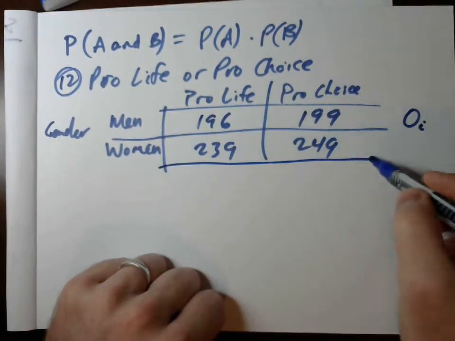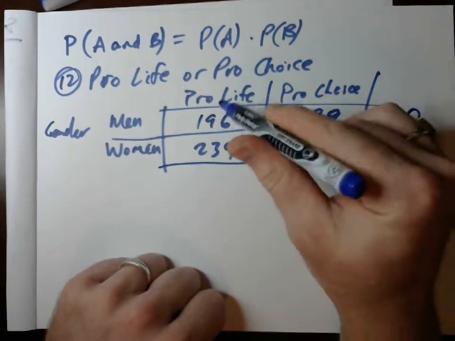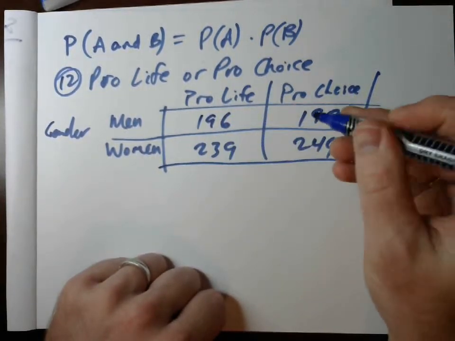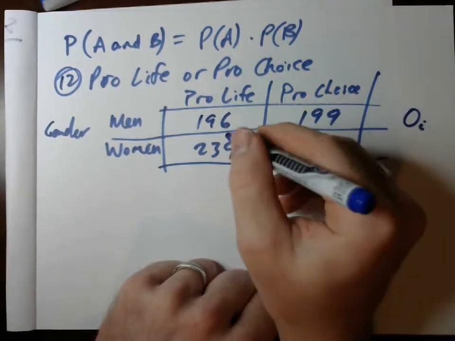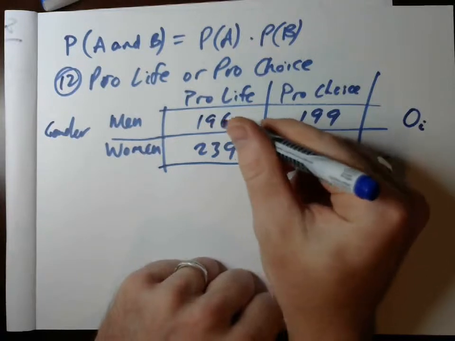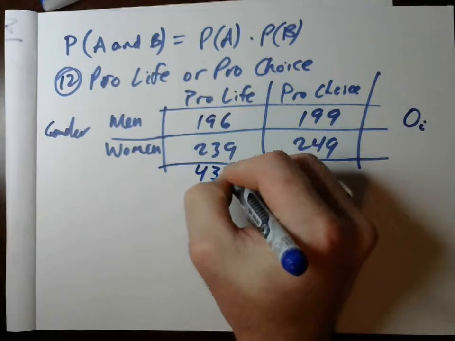It's based off the totals, kind of like from section 12.1, but the totals are from each row and column. And we'll get a total of everything in a second. So 196 plus 239 is 435.